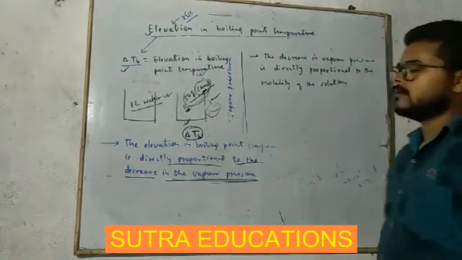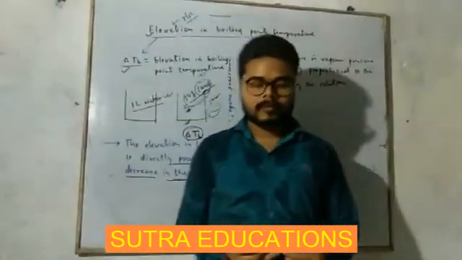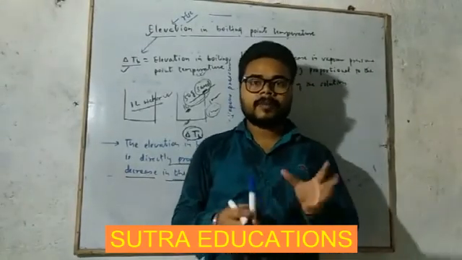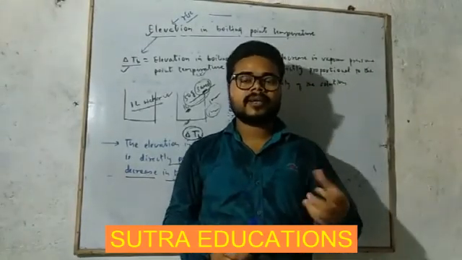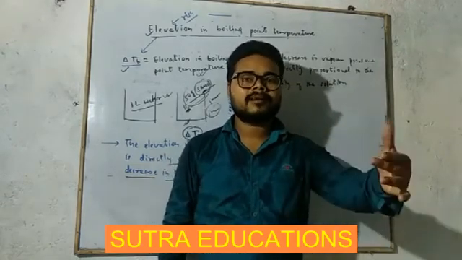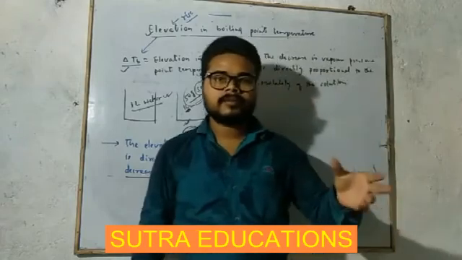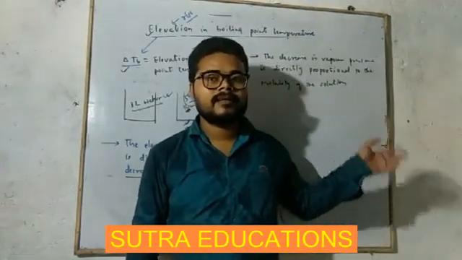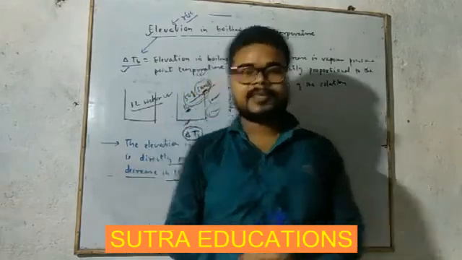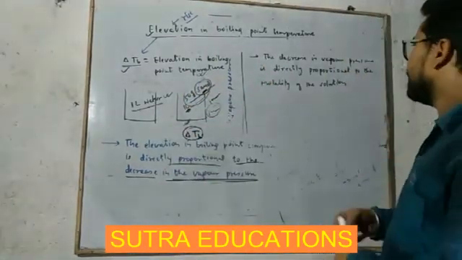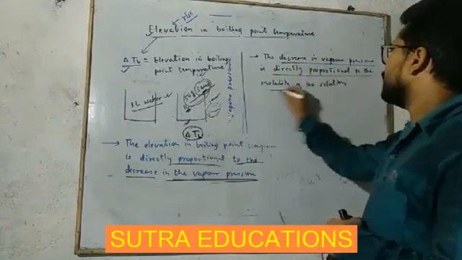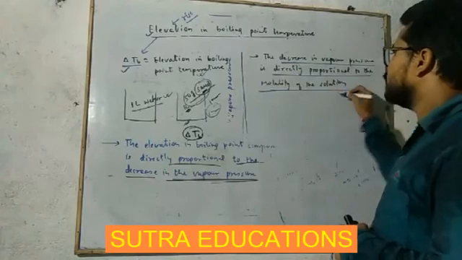If more moles of non-volatile solute are added, then the decrease in vapor pressure will be more. If fewer moles of solute are added in the solvent, then the decrease in vapor pressure will be less. So we can say the decrease in vapor pressure is directly proportional to the molality of the solution.